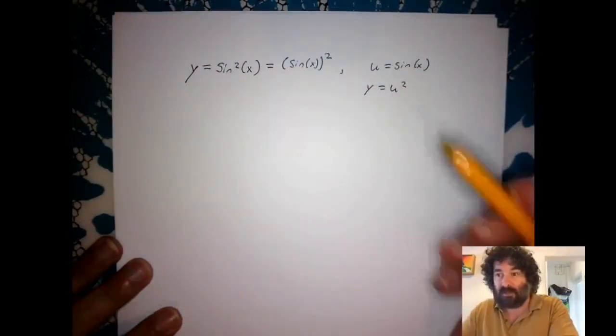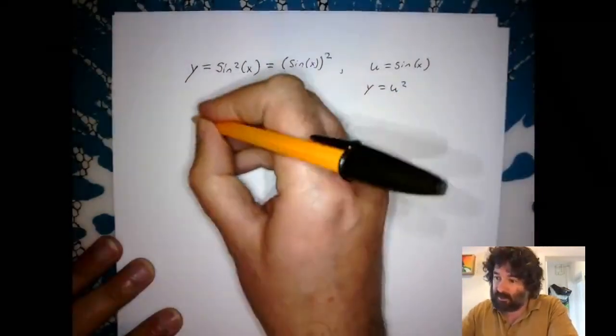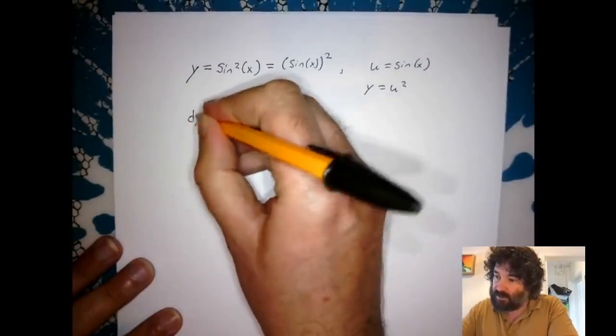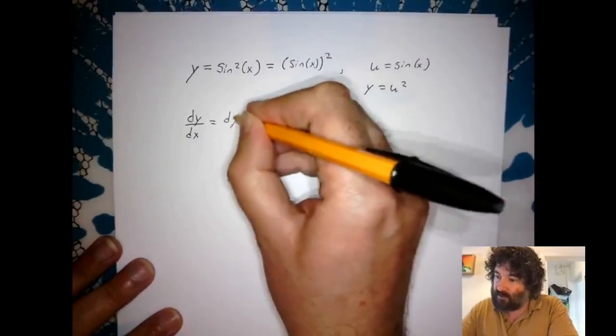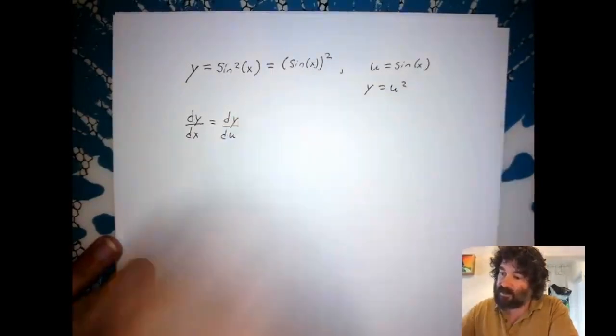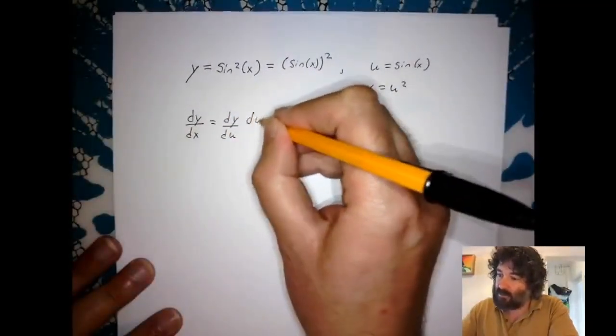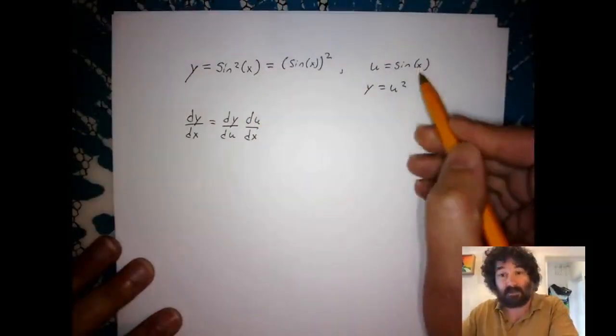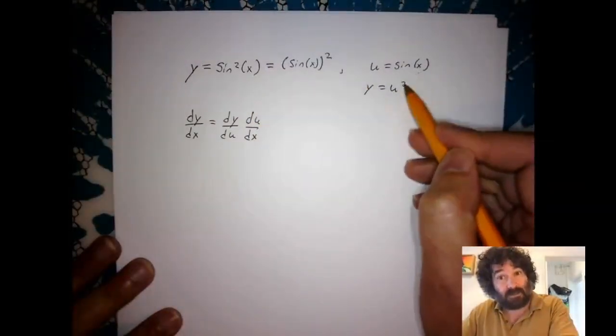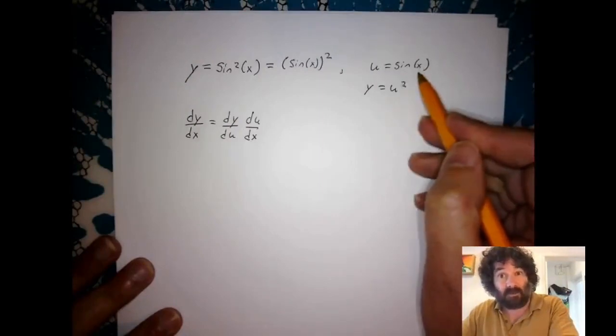And so then you can apply the chain rule. So we have dy dx, the derivative of y with respect to u, times the derivative of u with respect to x.